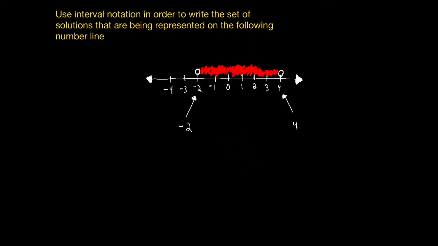So let's use the notation. So here we have open. So this tells us that we're going to have to bound this with a parentheses. And now we got to look at our other endpoint, and we have another open dot. So we have to bound this using another parenthesis. And we're pretty much done now.